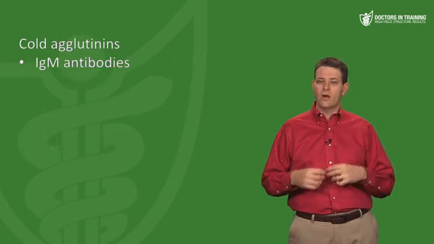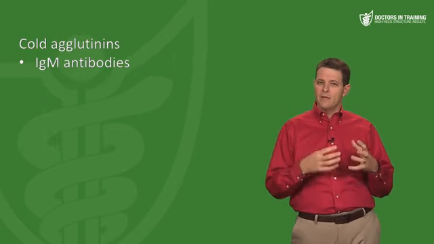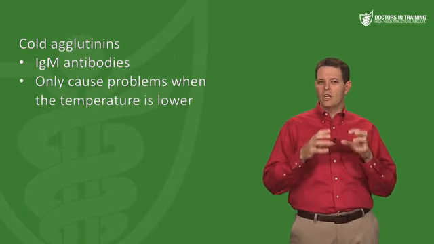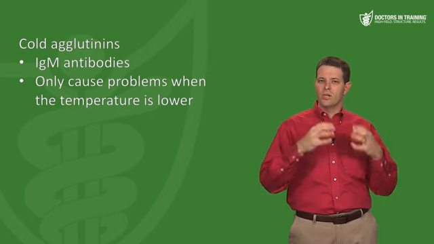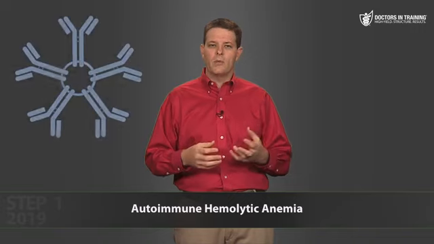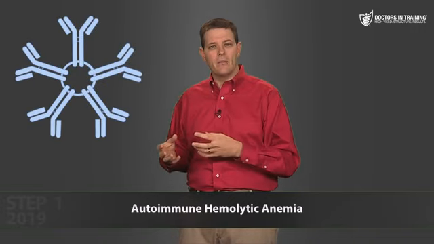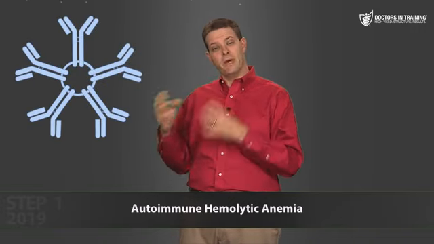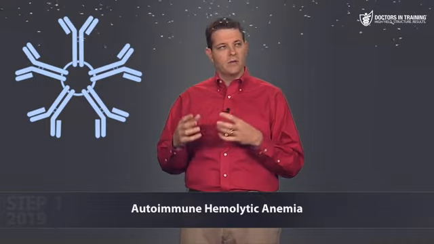And cold agglutinins are IgM antibodies, and they do the same thing, but the difference is they only cause problems when the temperature is lower, so it happens in the cold. Now, one way to remember that cold agglutinins are IgM antibodies is to remember that IgM forms pentamers in circulation, which kind of resemble snowflakes.